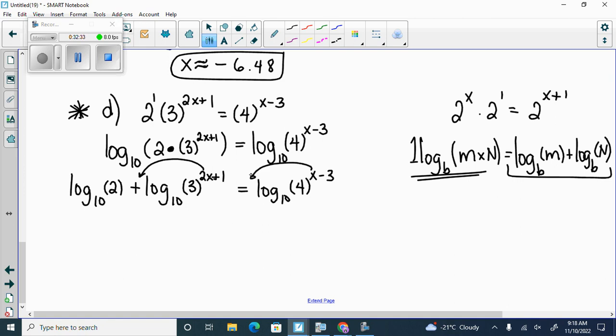So this is log base 10 of 2 plus 2x plus 1 log base 10 of 3 equals x minus 3 log base 10 of 4.